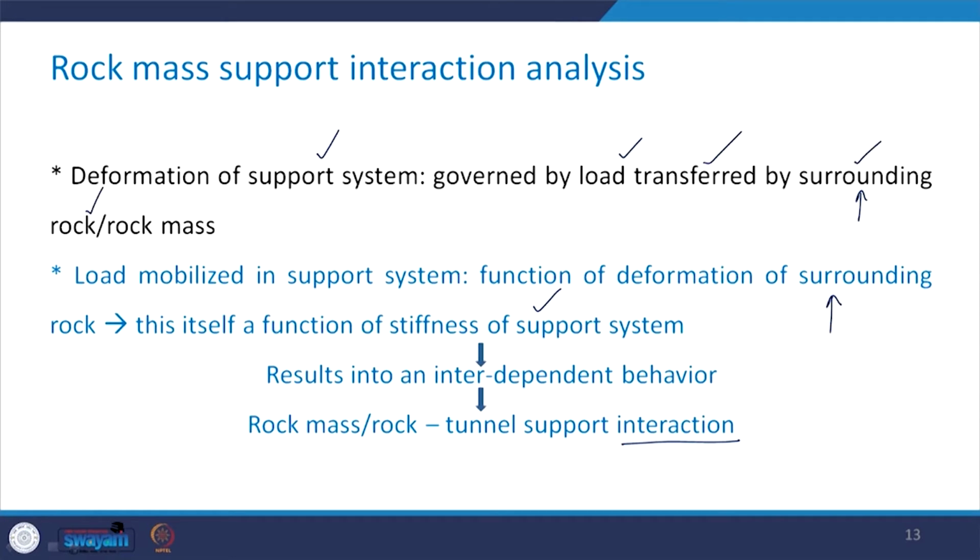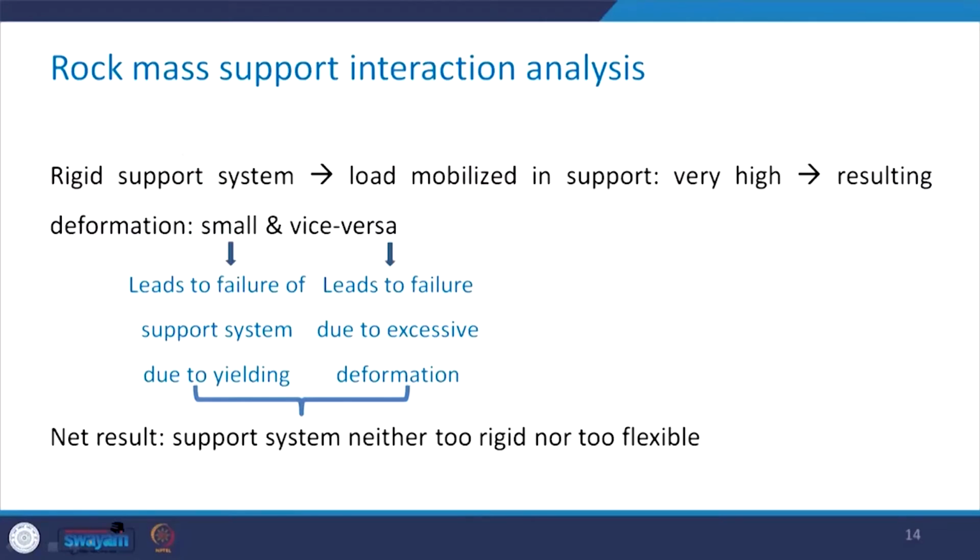The load which is being mobilized in the support system is a function of deformation of the surrounding rock, which itself is a function of stiffness of the support system. So, this is all interdependent behavior and is called rock mass or rock tunnel support interaction.